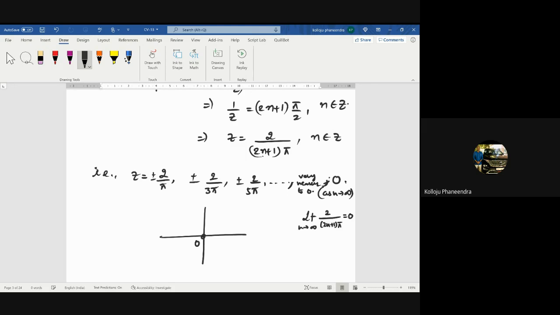What is this value? 0. Okay, before infinity means it is also a very large value of n. So in the small vicinity of this one, definitely there are some singularities, right?